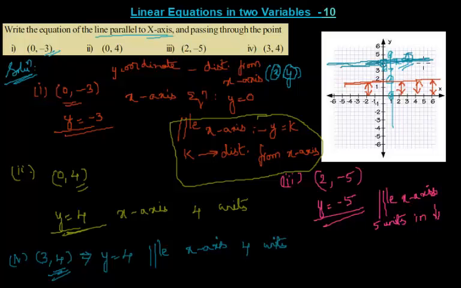So, you can see that this is 4 units away from the x-axis and the points 0, 4 and 3, 4 lie on this line y is equal to 4 which is parallel to x-axis. I hope you understood this problem and in the next videos we'll learn more about linear equations in two variables.